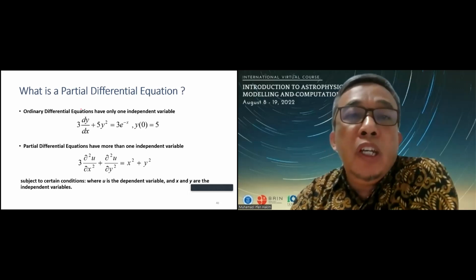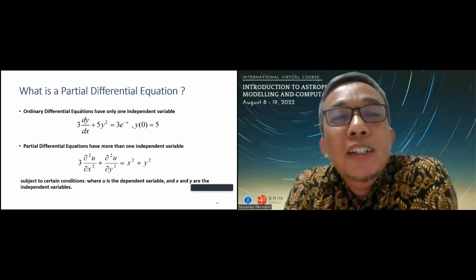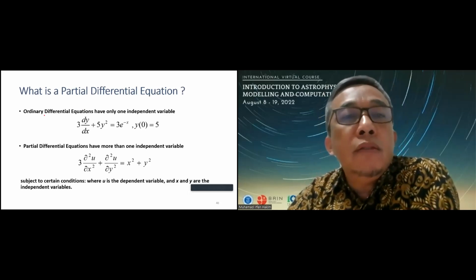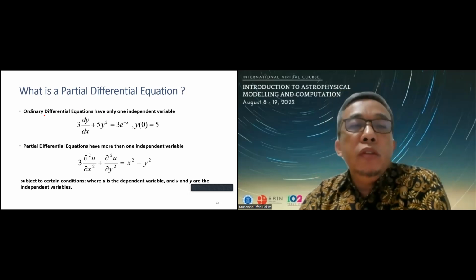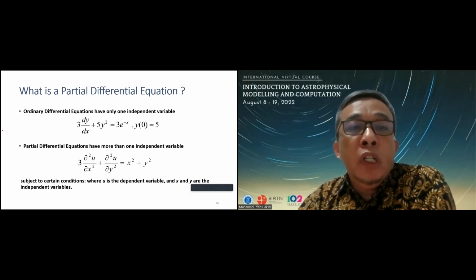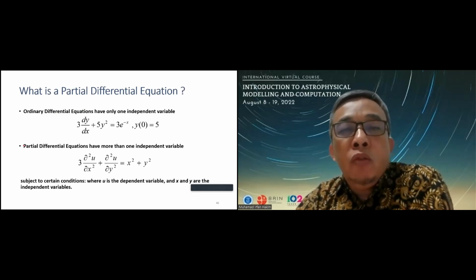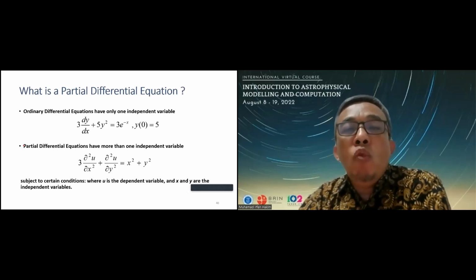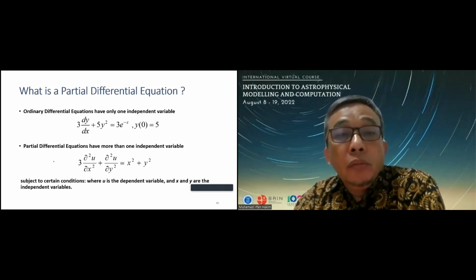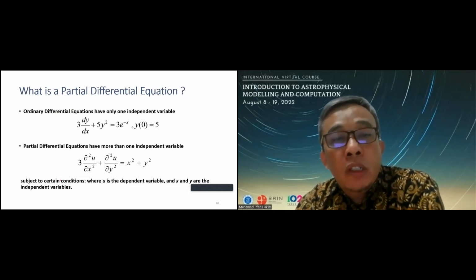You are very familiar with ordinary differential equations. I hope this is an example of an ODE for short, which has only one independent variable. But a PDE, partial differential equation, has more than one independent variable. This is subject to certain conditions.